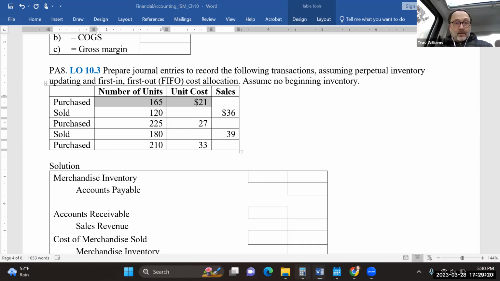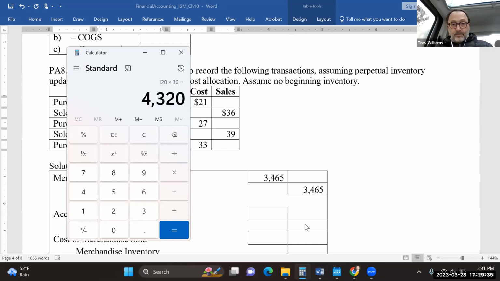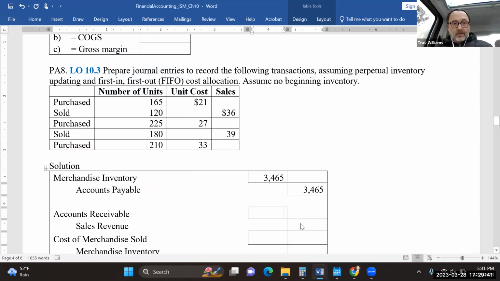Then we make a sale. We sell 120 units at a sales price of $36, $4,320. Since we're doing the perpetual inventory method here, we have to also calculate the cost of goods sold.